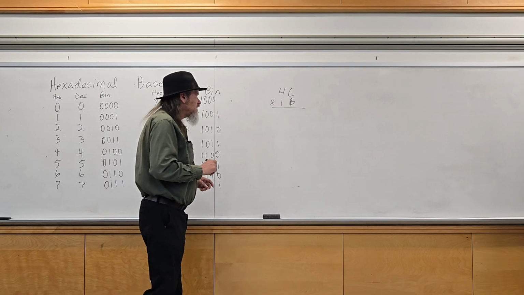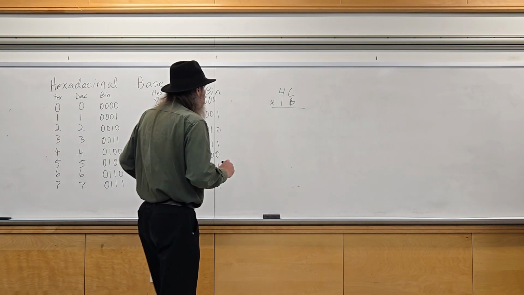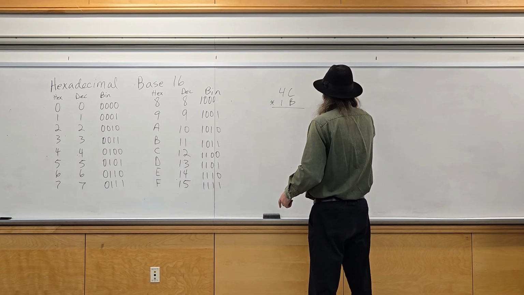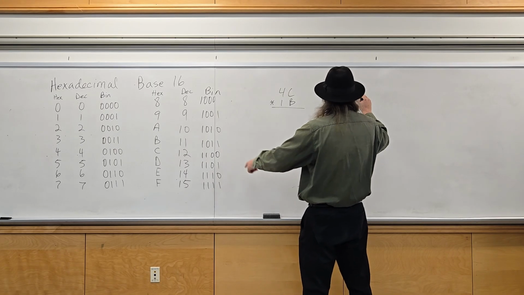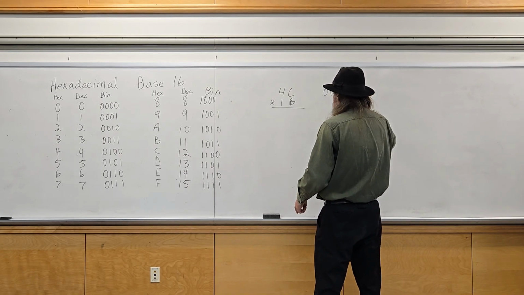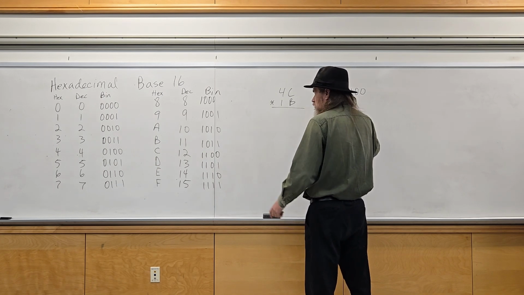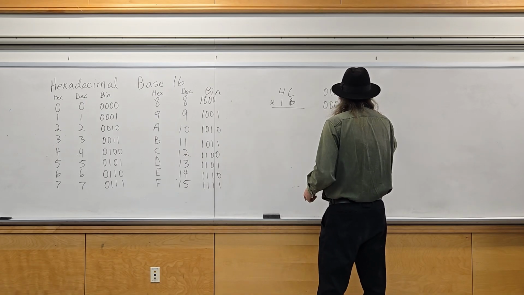So it would be much easier to convert it to 0100 and 1100, and 0001 and B is 1011.